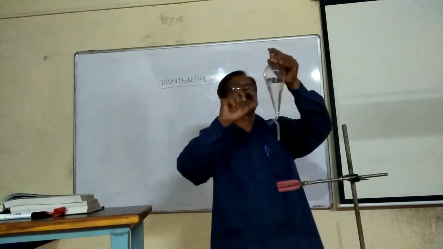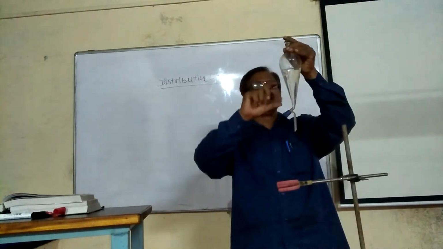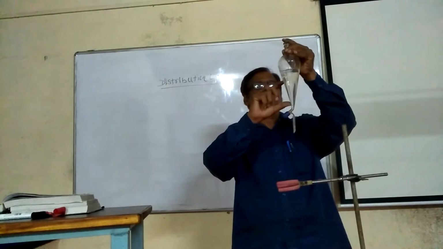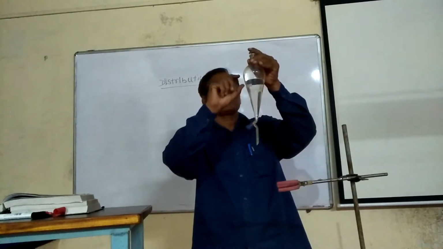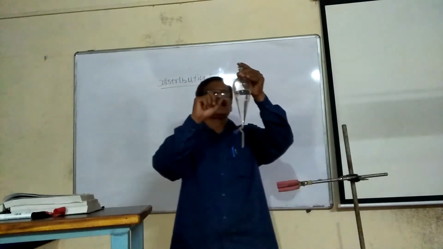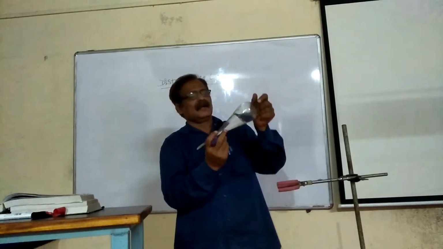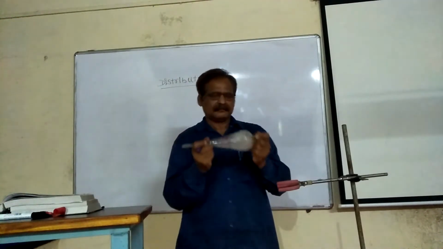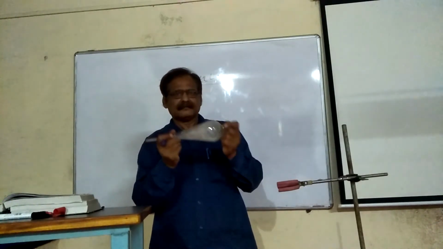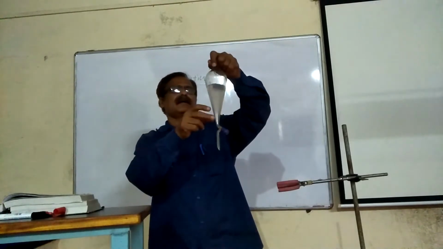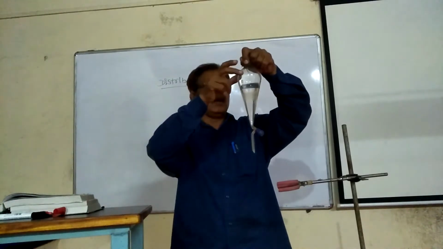Look at this, we find that there are two layers. Lower layer is aqueous layer and upper layer is organic layer, in this case ether layer. So when we shake vigorously, we will find that acetic acid distribute between two immiscible solvents.